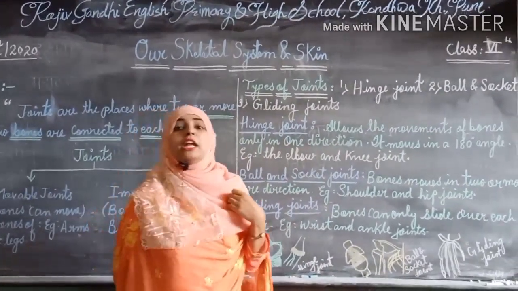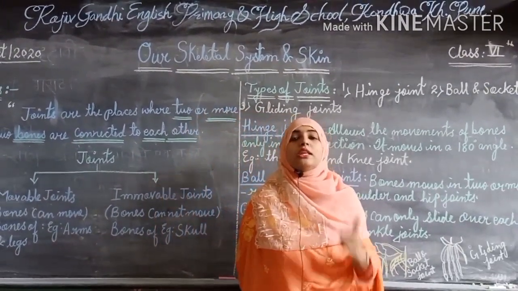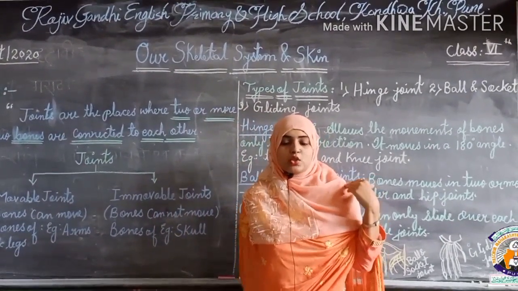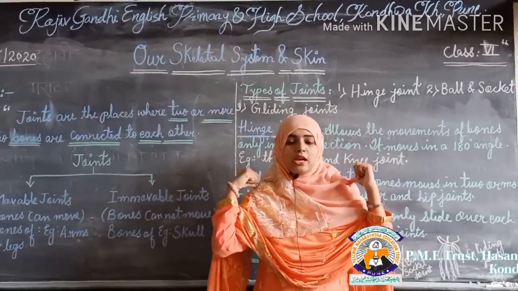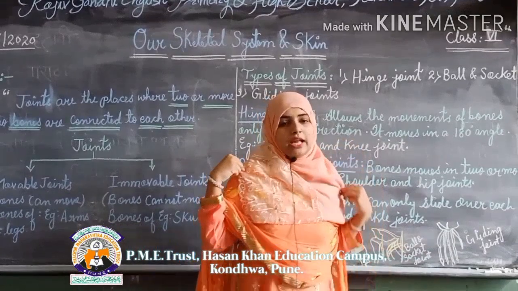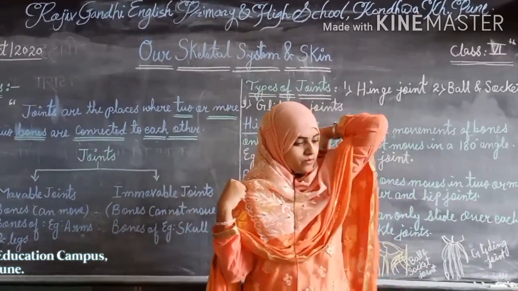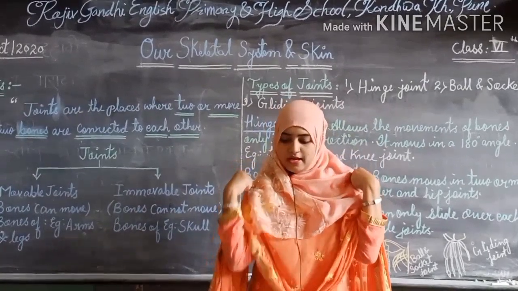Example, shoulder and hip joint. Where will these joints be? The joints which are situated on the hip and shoulder sides. For example, like this.